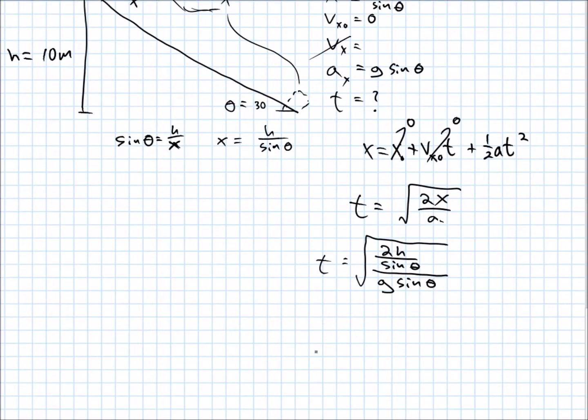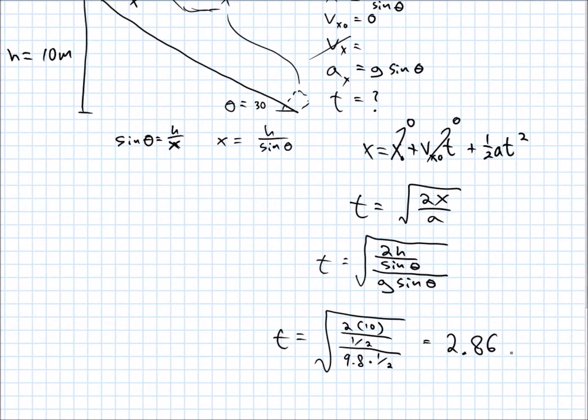So we've got the square root of 2 times 10 divided by the sine of 30, which is 1/2, all divided by 9.8 times 1/2, which ends up being about 2.86 seconds.